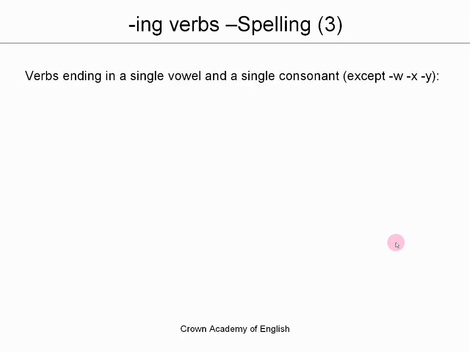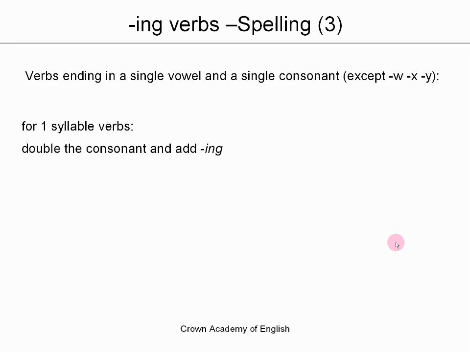This is where it gets a little bit more complicated. So verbs that end in a single vowel and then a single consonant, except W, X and Y, if it is a single syllable verb, so if a verb just has one syllable, just one sound, then we double the consonant and then we add ing.